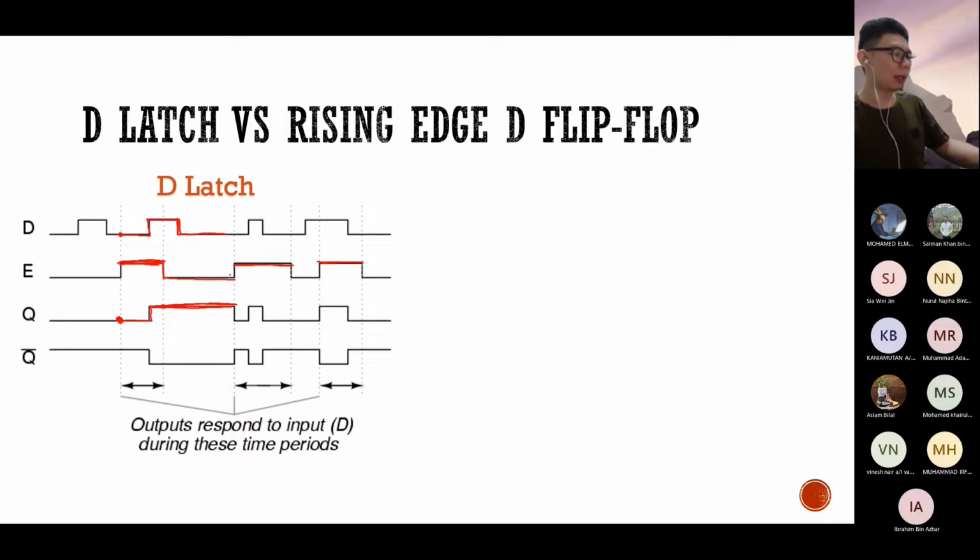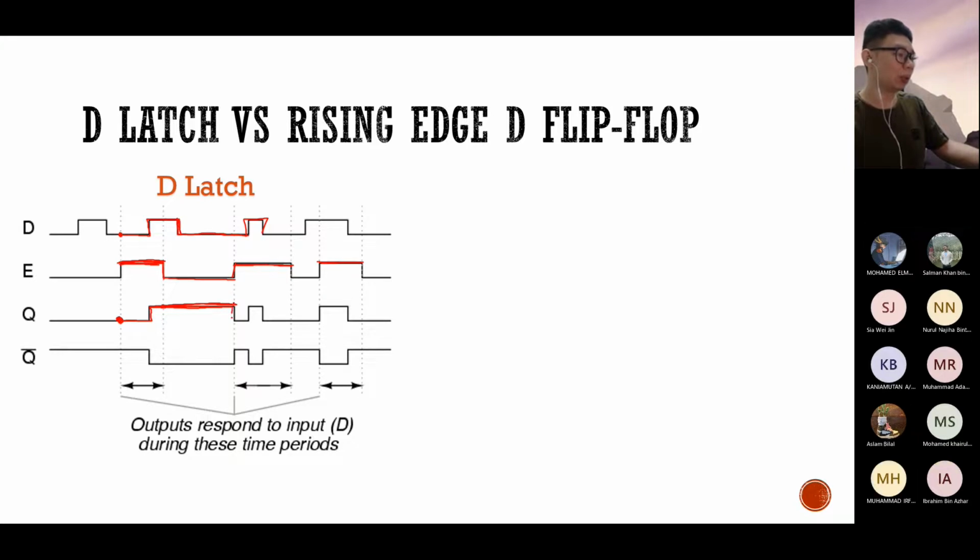After that, if you decide to turn on the latch again, it's going to respond to the input again. So in this region, it's going to respond to this input again. That's why you see the input changes, the output changes following the input. At this point we see the latch is on, and then it's going to see what is the value of D over here, and D is 0.